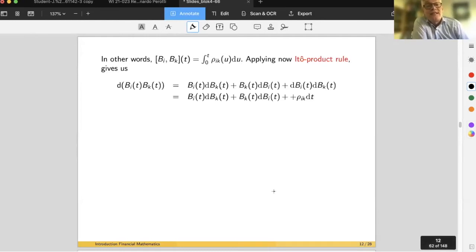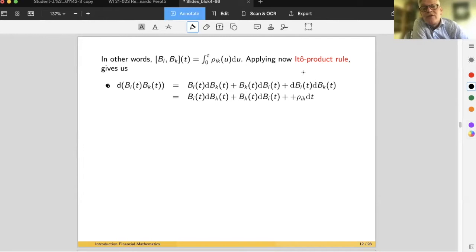And now let's apply Ito's product rule to look at it a bit closer. So Ito's product rule, the change in B_i(t) B_k(t). Let's look at this. It is, of course, by definition, B_i(t) times the change of B_k(t), plus B_k(t) times the change of B_i(t), plus the change in B_i(t) times the change in B_k(t).